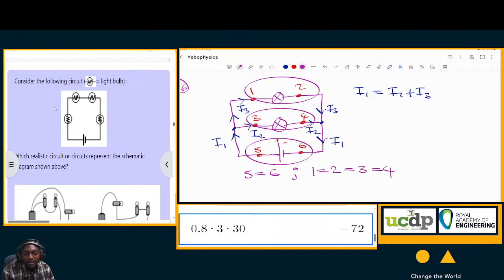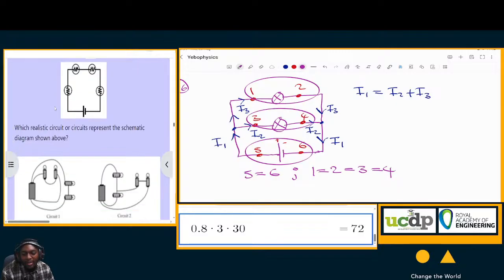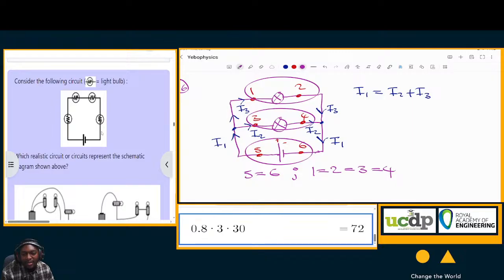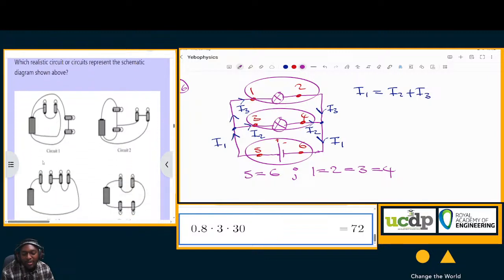All right, so I want to throw this to you to have a look at. It's also about the flow of current, and take it like a nice exercise that you can try and work out, see if you can open this circuit to see what is the equivalent of this circuit. Just for critical thinking, it will be a good question to try out on your own, just to see if you can reproduce this circuit in terms of replacing with real light bulbs.